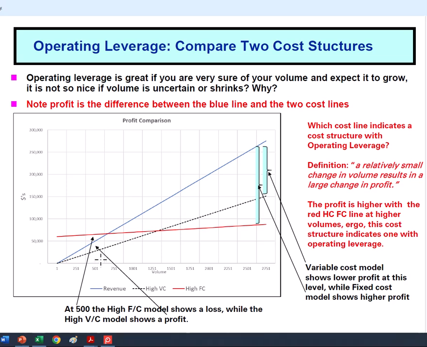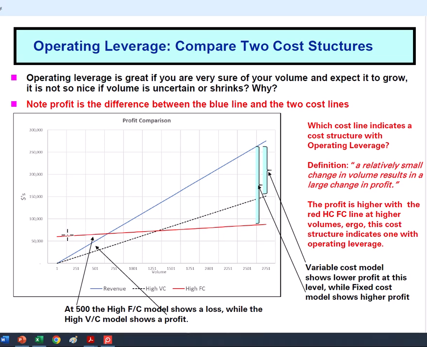So let's do the comparison, and the reasons why we might not want a lot of operating leverage. Revenue is our blue line. That doesn't change in either. Our red line is our high fixed cost operating leverage model.